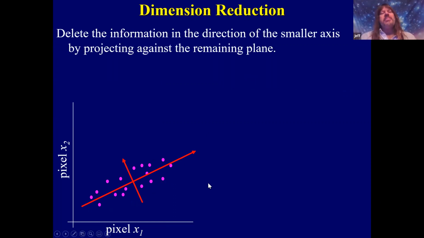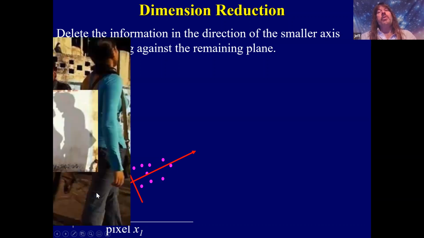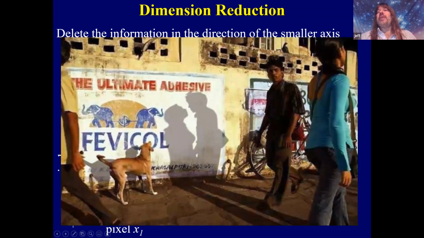Once we've done that, an ellipse has various axes, right? This axis is the long, more important axis, and then it has smaller axes. And so what we can do is project all the points down onto the most significant axes. What do we mean by that? I think I've shown you this image before.